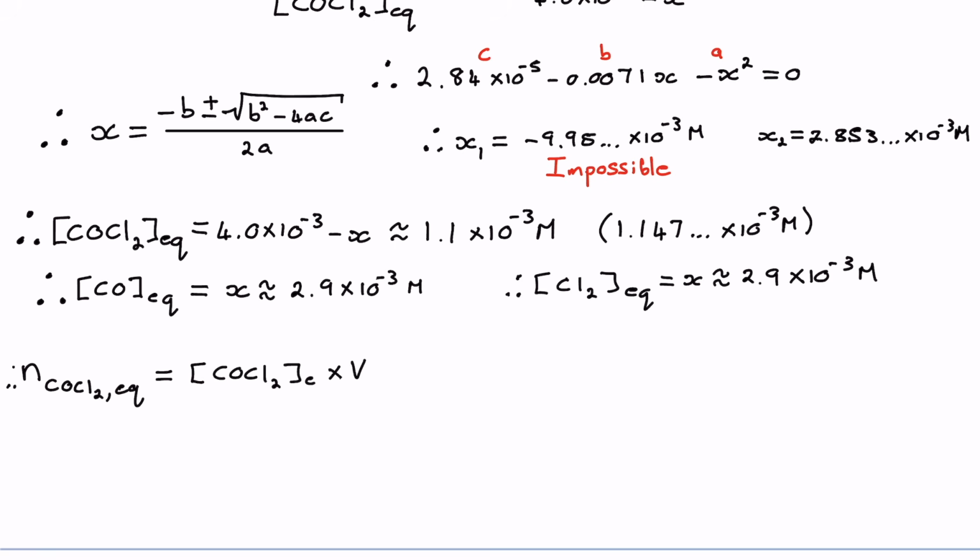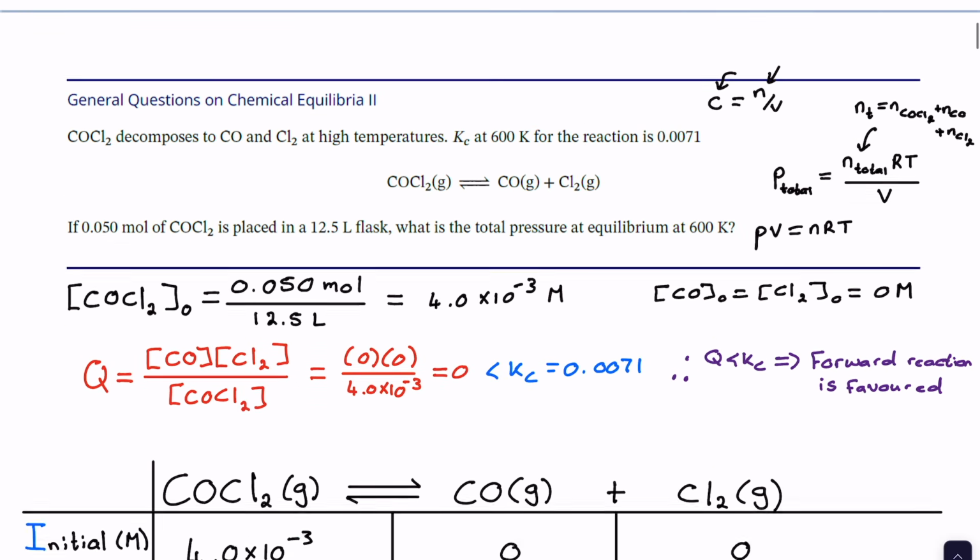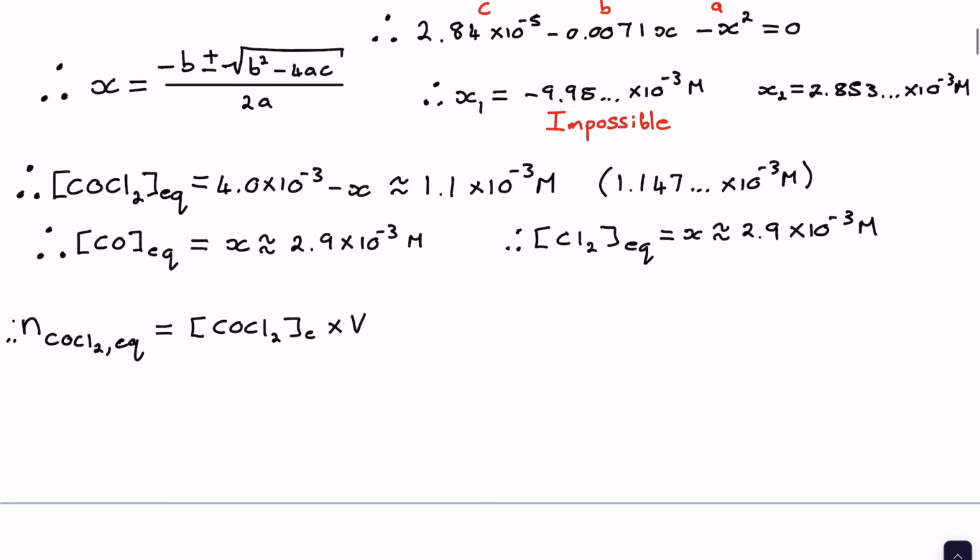Remember, concentration, molar, is mole per liter. The volume is already in liters, so this is purely equal to 1.147 times 10 to the negative 3 molar multiplied by 12.5 liter.